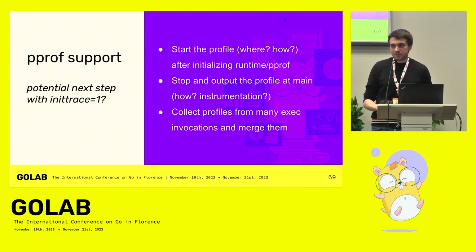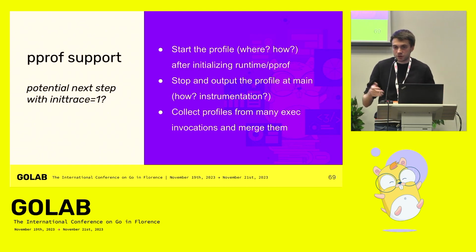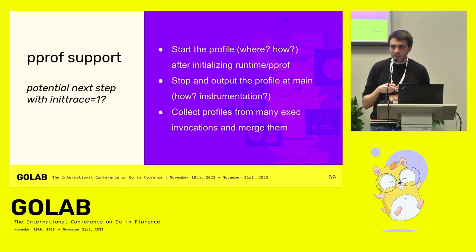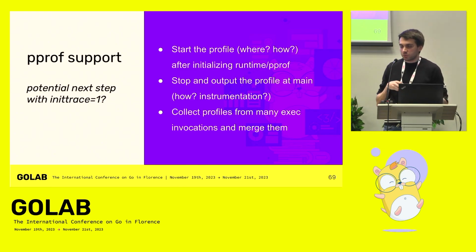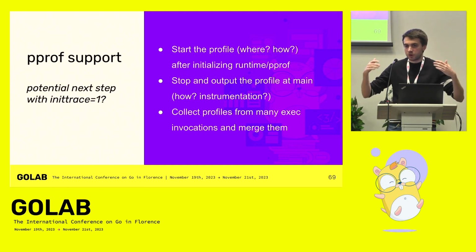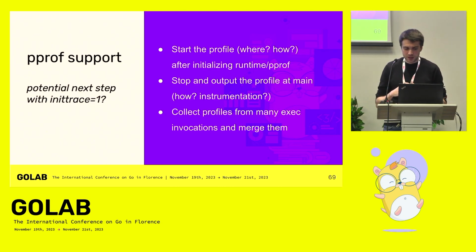You want to stop that profile when your main function starts and save the output to some file. Again, how? You probably instrument it a little bit, add a bit of code. And because this is sampling, you can probably try to use a very high sampling frequency, but you probably still want to run it maybe 10,000 times and then grab all the pprof output files and merge them. I think the pprof tool supports that.